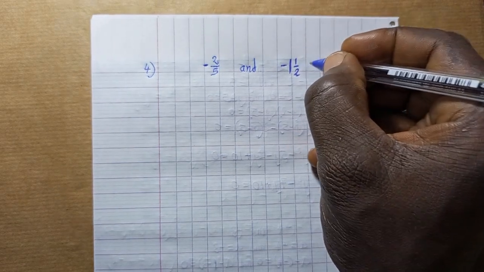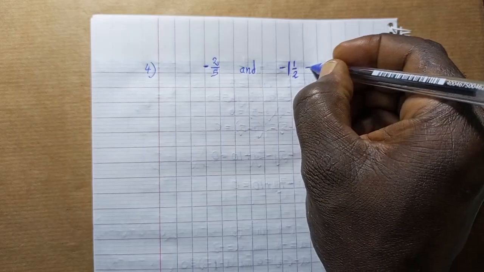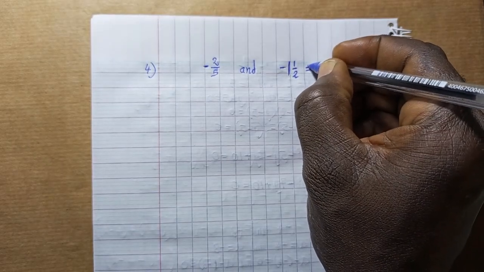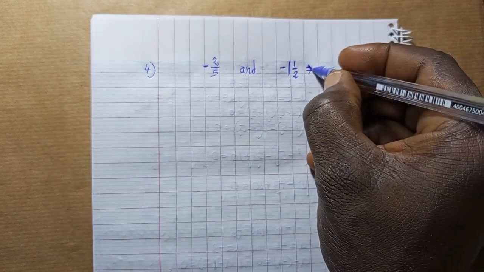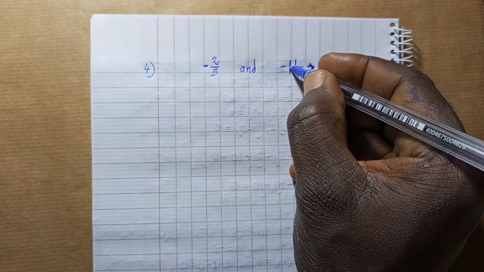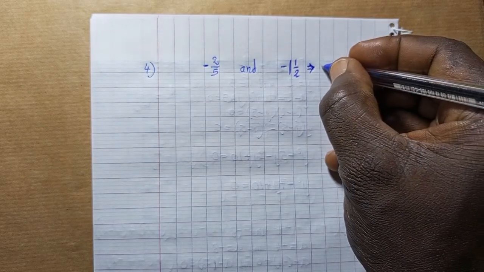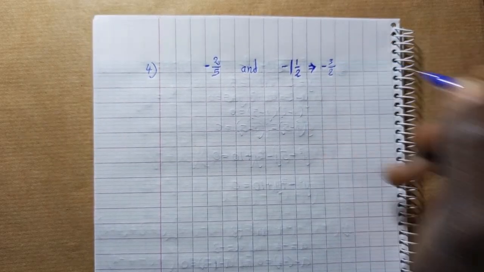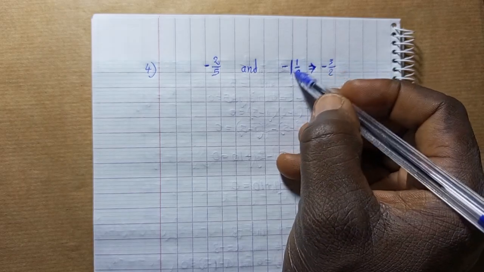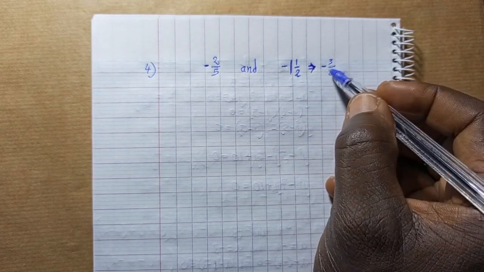This minus 1 whole number 1 over 2 is equal to 2 times 2 times 1, 2, plus 1, that is 3. That will give us minus 3 over 2. This is the mixed fraction and this is the improper fraction form. So this one we'll be using.